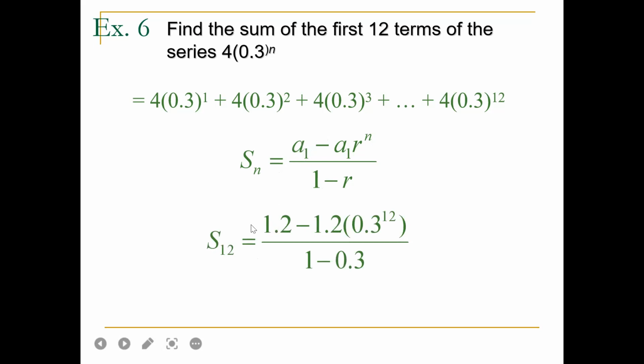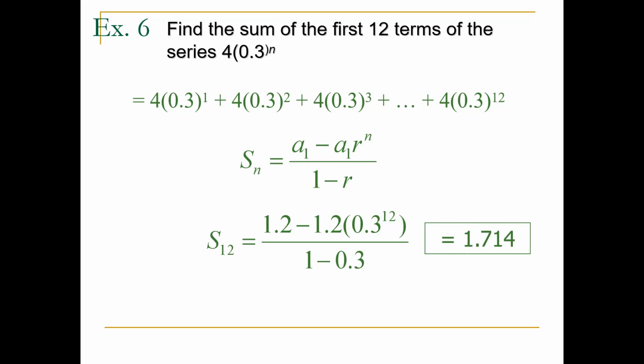That is 1.2 multiplied by 1 minus r raised to 12. To find the r, second term divided by the first term, third term divided by the second term, the r here is 0.3, raised to 12 because we have 12 terms. Our n there is 12, over 1 minus the common ratio, 0.3. So therefore, the sum of the first 12 terms of the given series is 1.73.